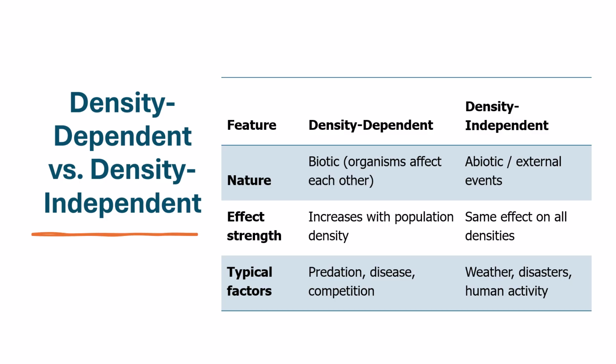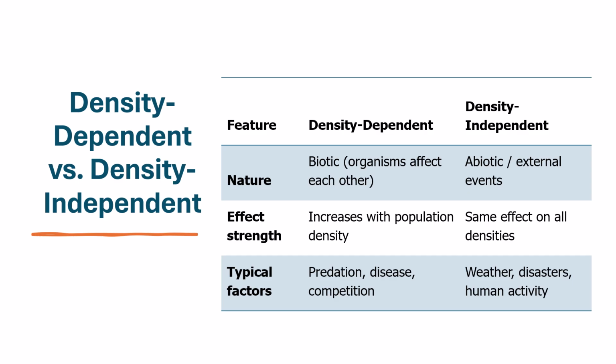Comparing these two factor categories clarifies their distinct roles. Density-dependent factors are internal, biotic, and predictable in their intensity, growing with crowding. They prevent populations from exceeding carrying capacity by slowing growth.